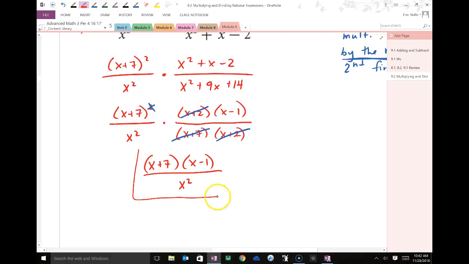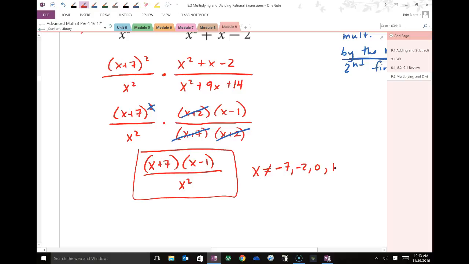Okay. Restrictions. What are the values that x cannot be? -7, -2, 0. There's one more. 1. Okay. The other one is 1. So the ones on the top still count.